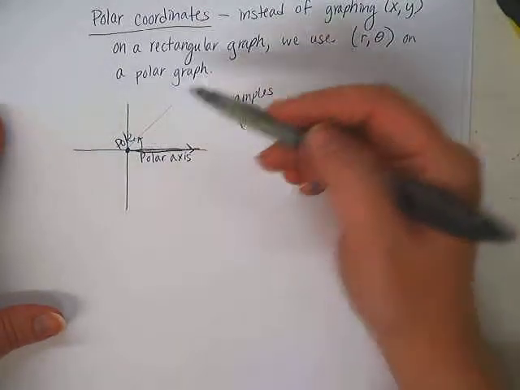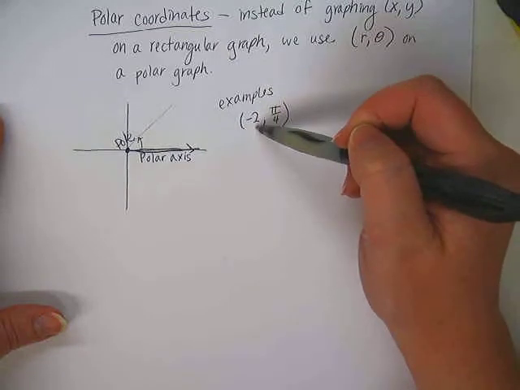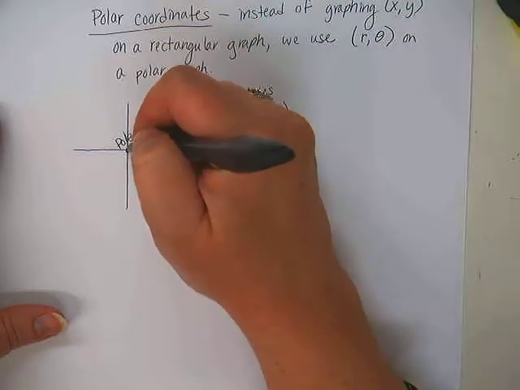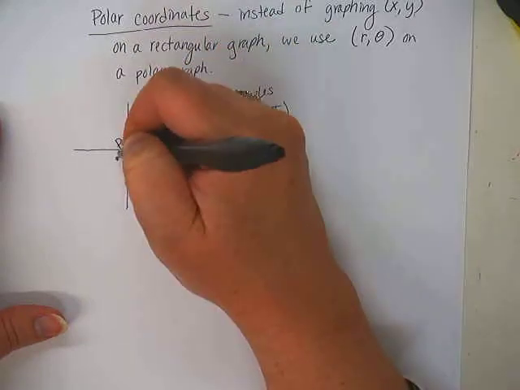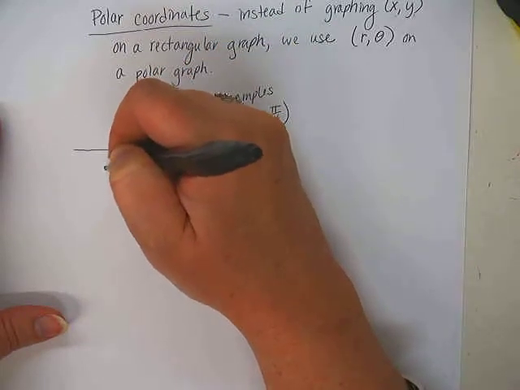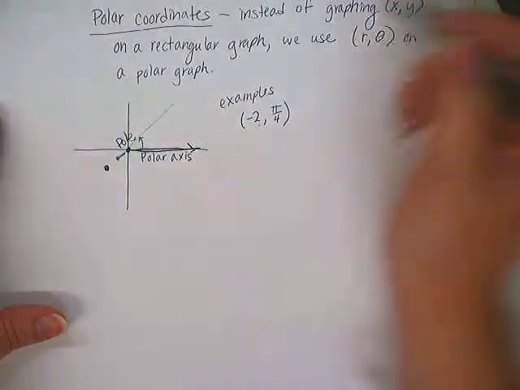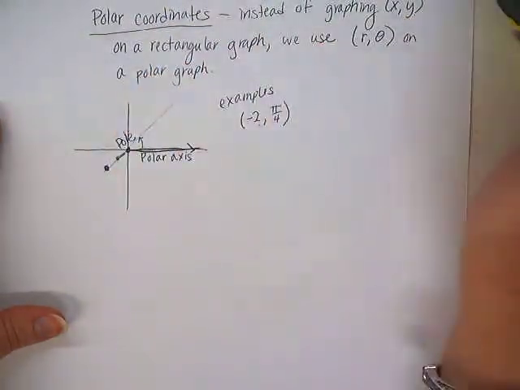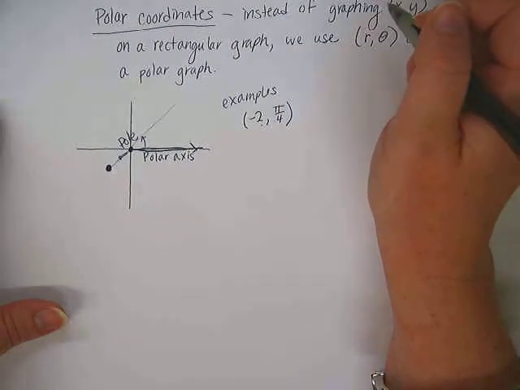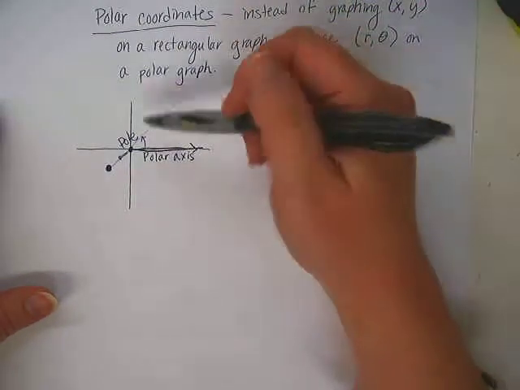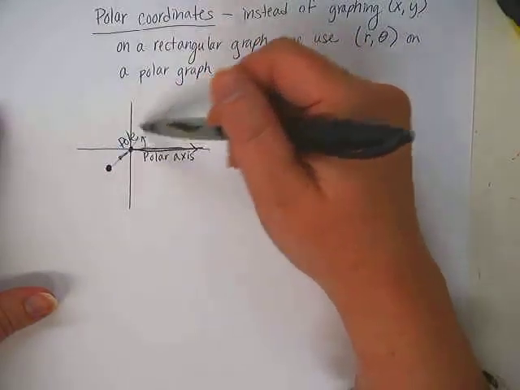This number acts the same way. So if we've rotated pi-4ths to 45 degrees, but we have to do a -2 radius, that means we're actually going to go backwards 180 degrees from pi-4ths, and our point would be right there. So that's the point right there that we're graphing.